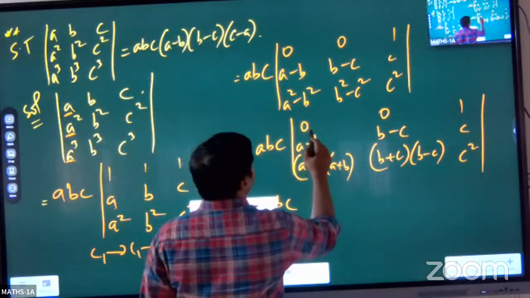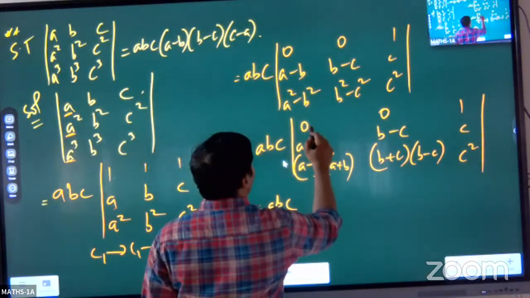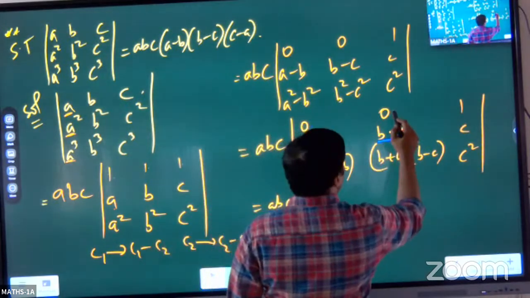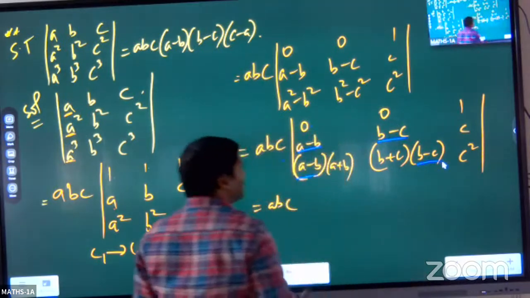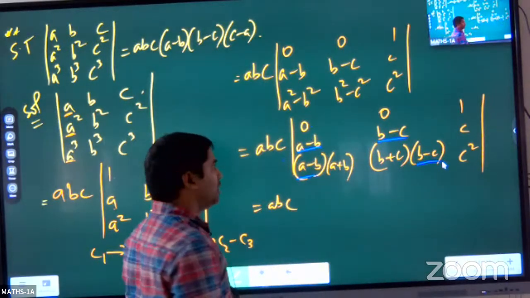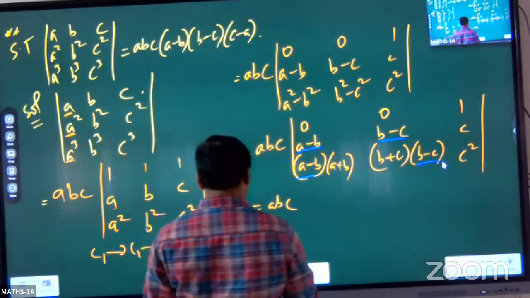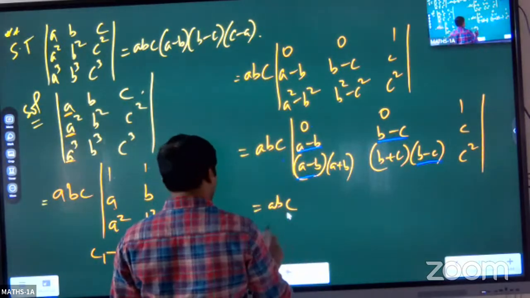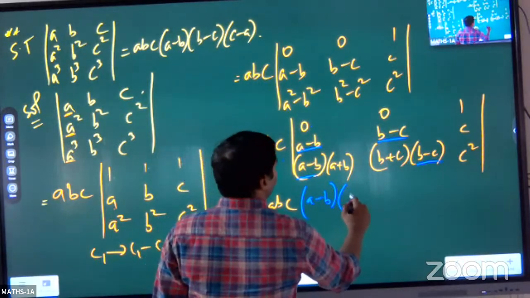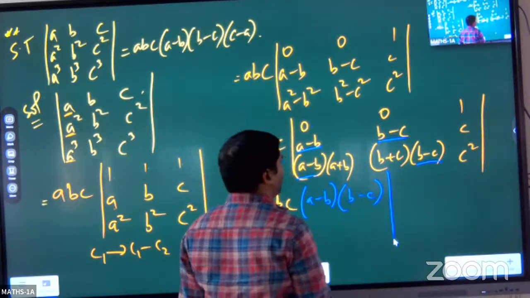By default, I will have 0 into a minus b and a minus b. Here, b minus c, 0 into b minus c, b minus c. So, take out common b minus c and a minus b from column 1 and column 2. That is a minus b, b minus c, I took it common.